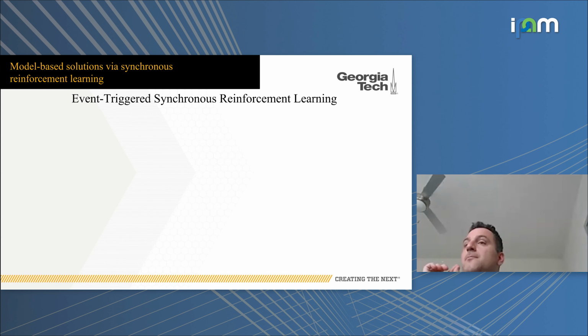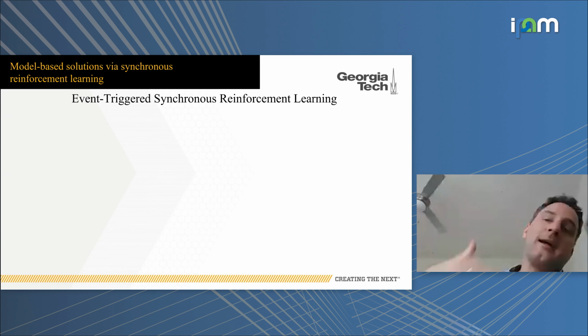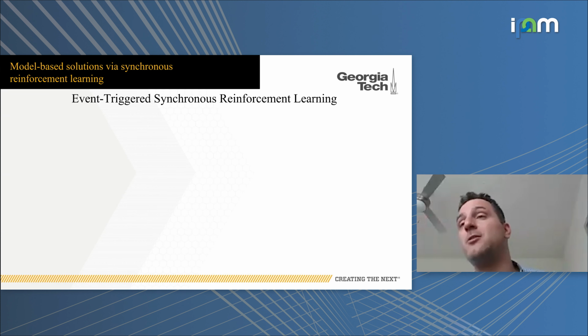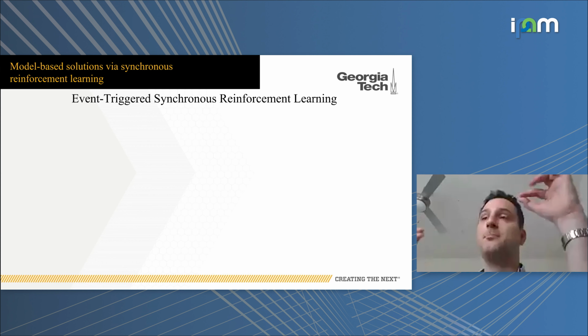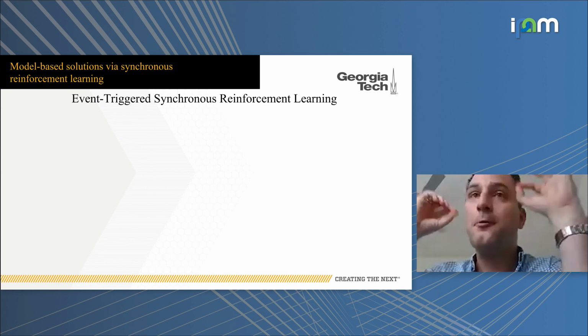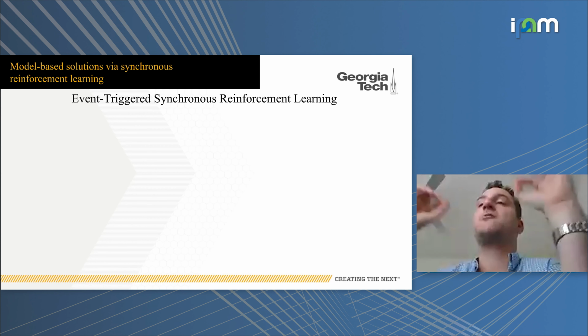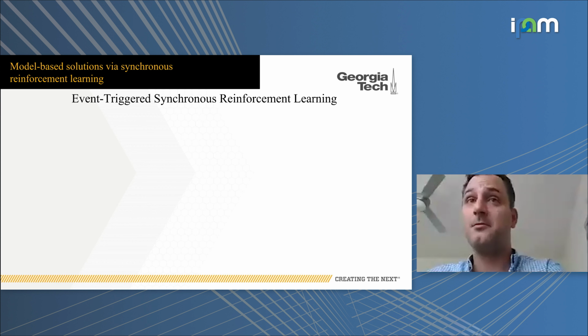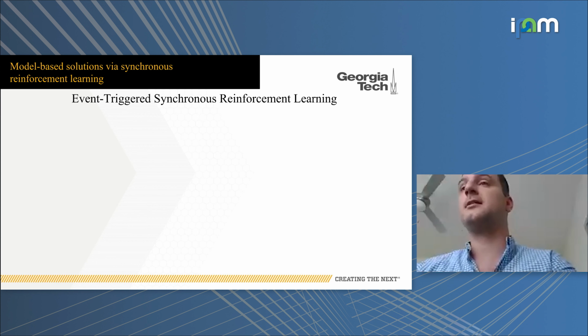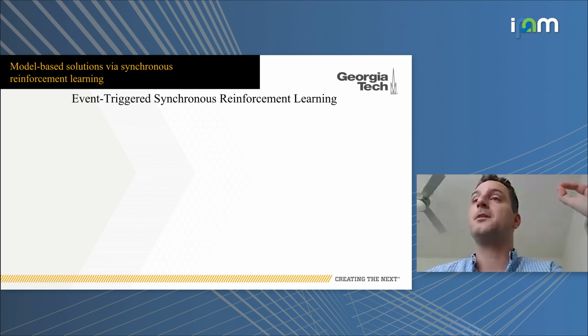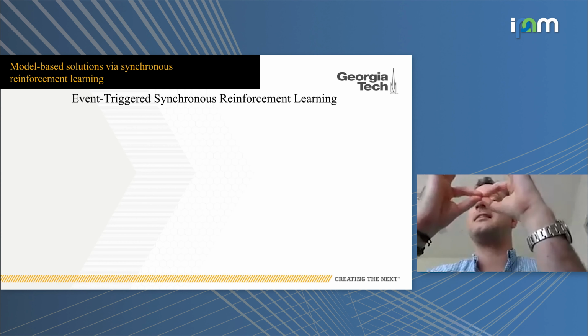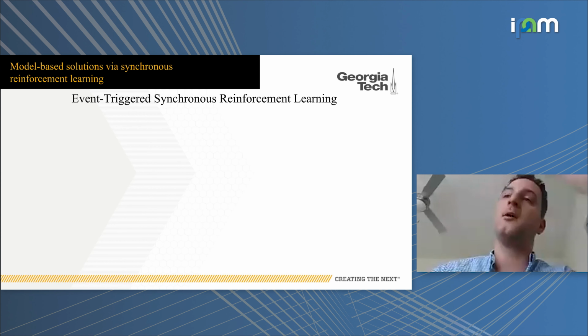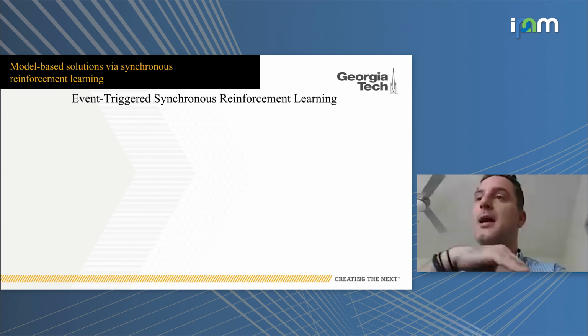When it's not needed, I just use a zero-order hold. My Hamilton-Jacobi-Bellman equations here won't be zero anymore, but will be the difference between a fully time-triggered controller minus my event-triggered controller squared. If the event-triggered controller has infinite updates, this becomes zero, and I go back to my Hamilton-Jacobi-Bellman or Hamilton-Jacobi-Isaacs equation.